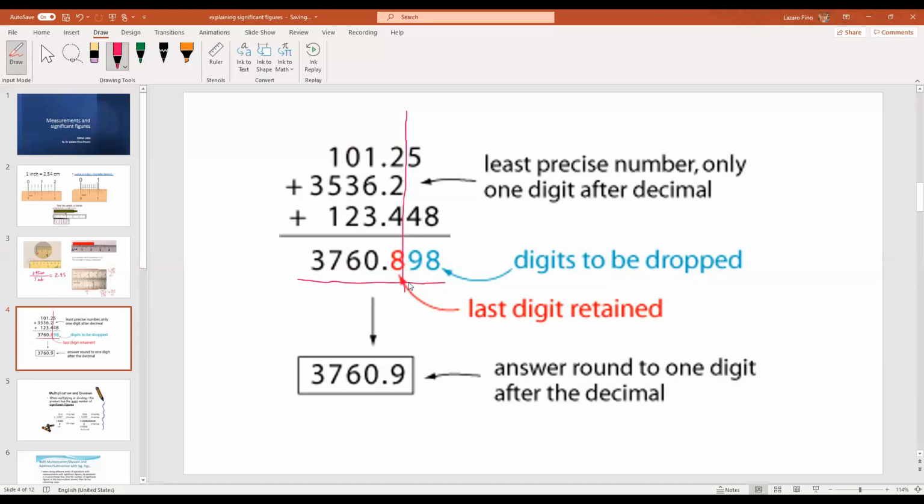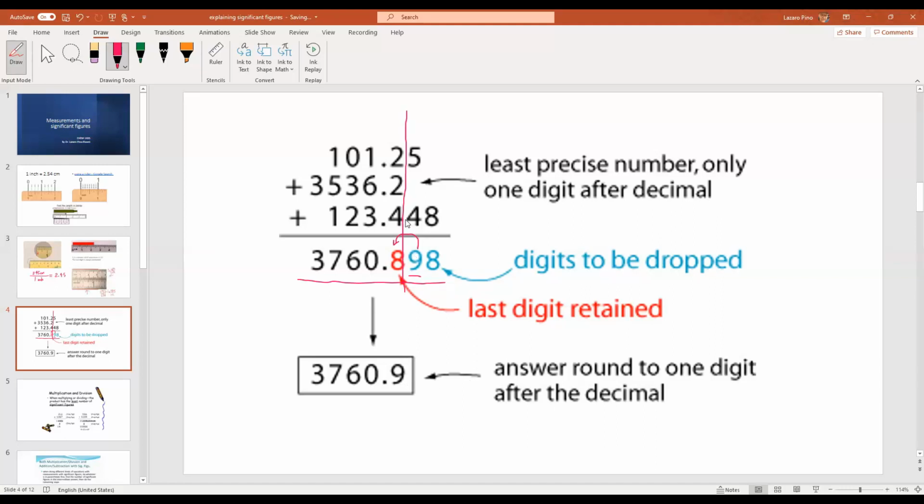But you have to report until the 8th because it corresponds with the least precise number in your operation. As the first number you have to skip is higher than 5, you have to round up and then you add 1 to the 8. And the result is this.